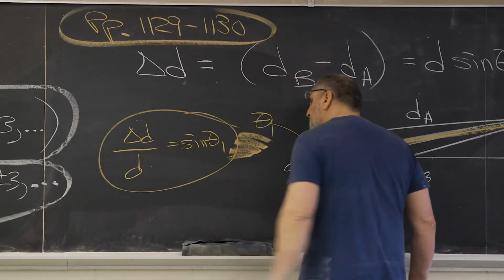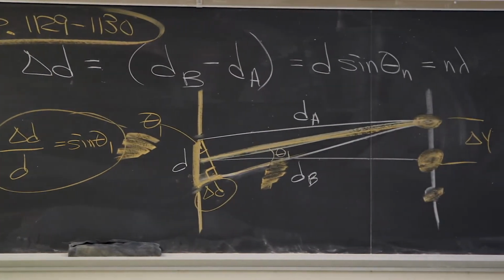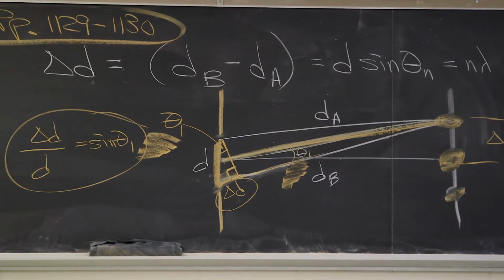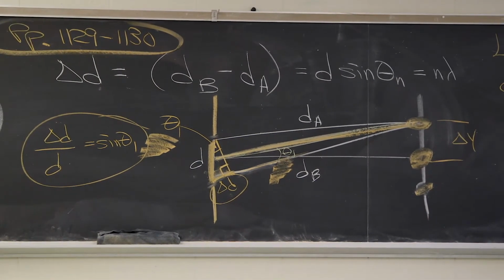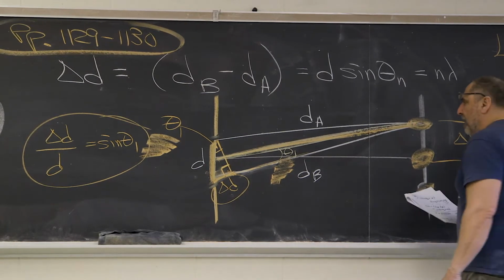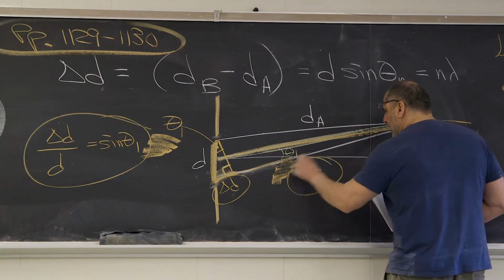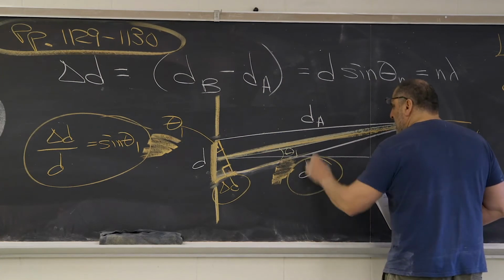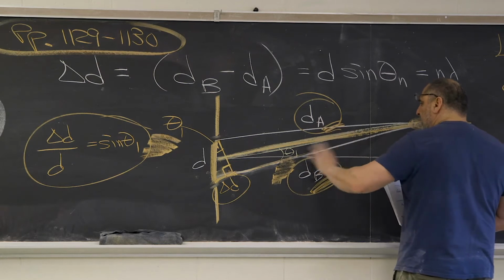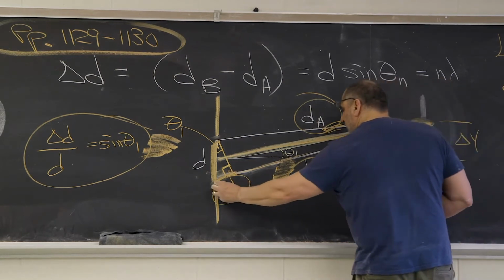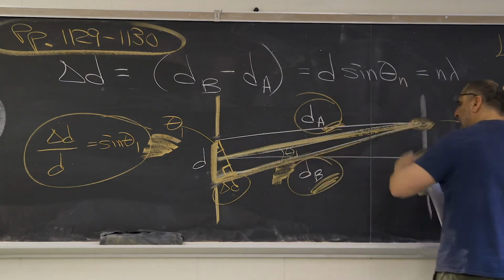And this will help us do a lot of stuff. There's a lot we can find out. If you figure out the path difference between the two paths, D sub B and D sub A, this one's the long path and this one's the short path.